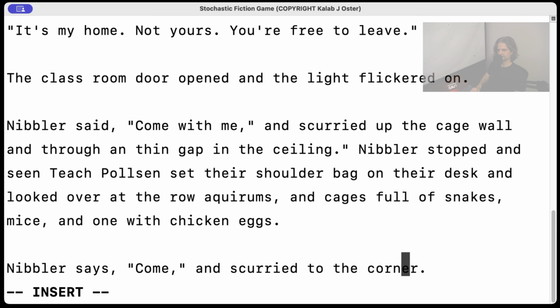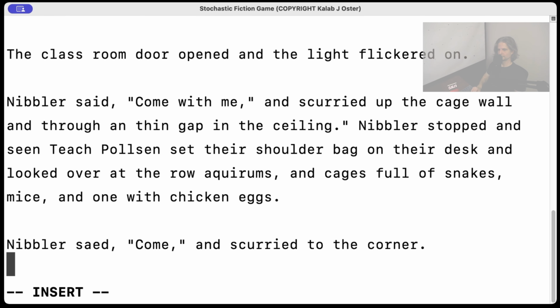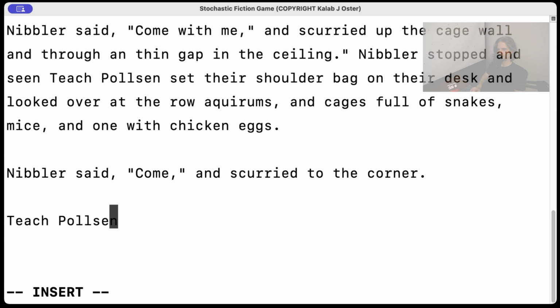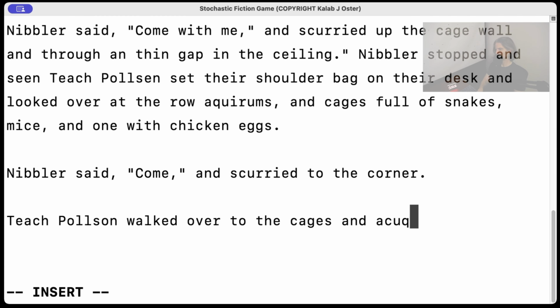Nibbler said, "Come," and scurried to the corner. Teacher Polson walked over to the cages, the aquarium, and said, "Good morning."